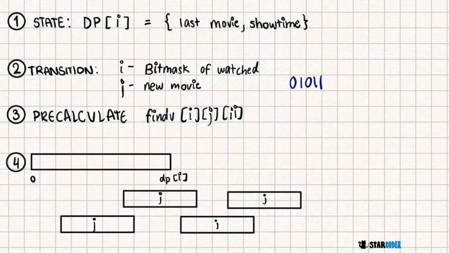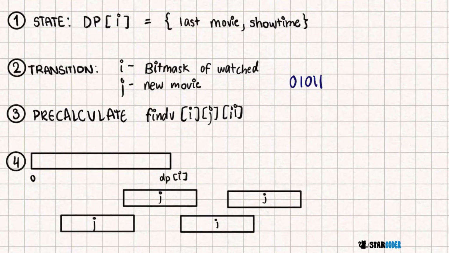And in order to optimize this, we're also going to pre-calculate values. The reason that we store the last movie and the showtime is because now with any two movies, we can pre-calculate which movie to watch. What we can notice is that for any end time here, before we start, we already know what these times are going to be.